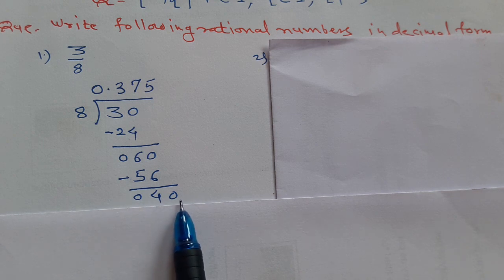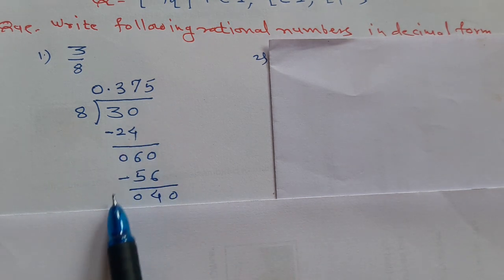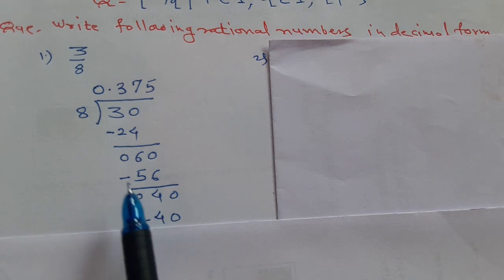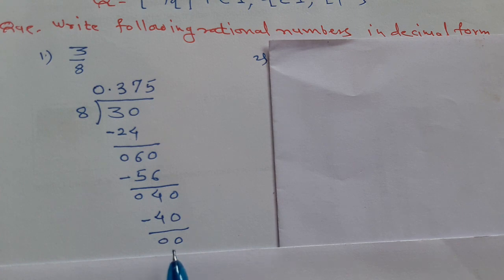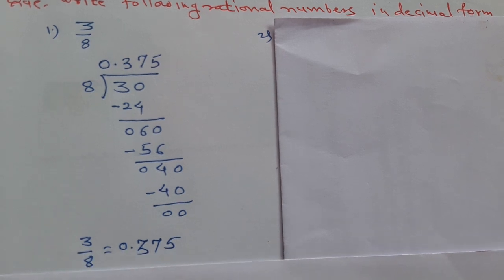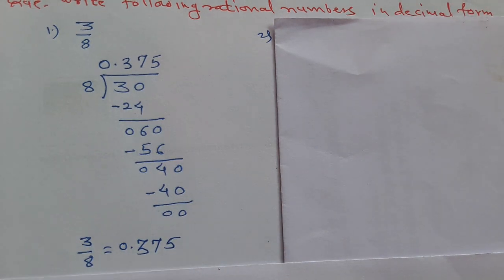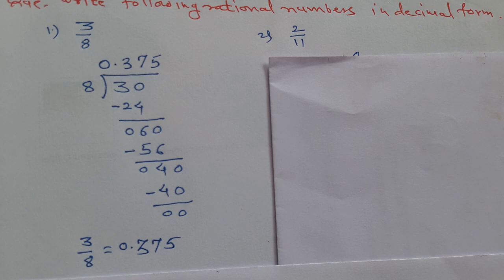Then take another 0. 40 divided by 8, the answer will be 5, and 8 multiplied by 5 is 40, and the remainder will be 0. And we can write the answer: 3 upon 8 is equal to 0.375. Then similarly we take another example.